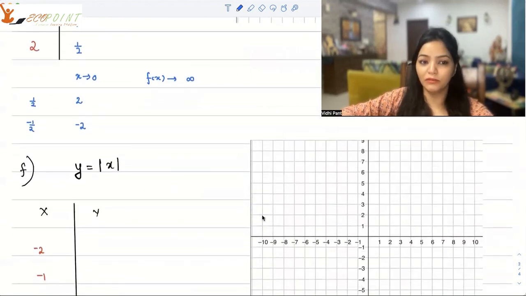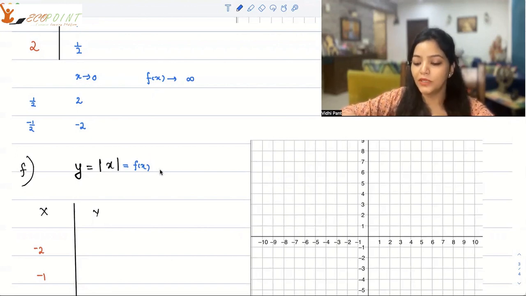The next function, which I'm going to take up in detail as well, is a very important function, the modulus function. y equals f of x, which is equal to modulus x, or the absolute value function. Now, what is the absolute value function? It says that you just look at the absolute value. Do not consider the sign behind it.